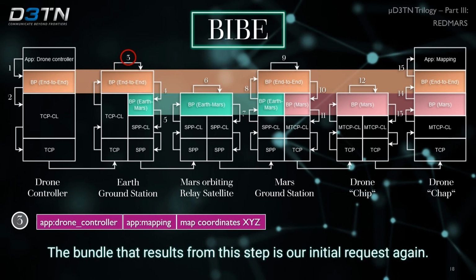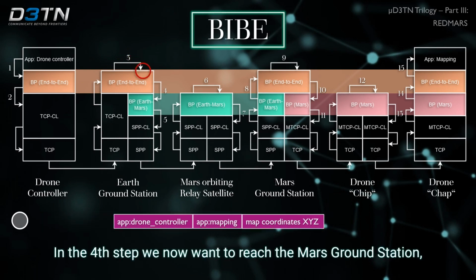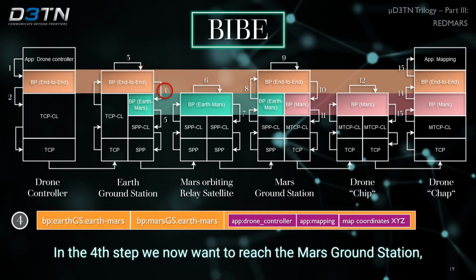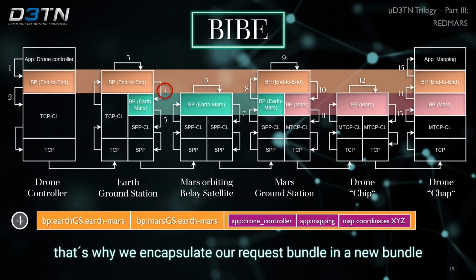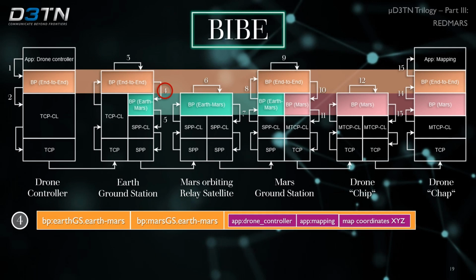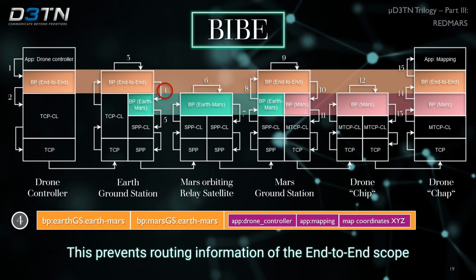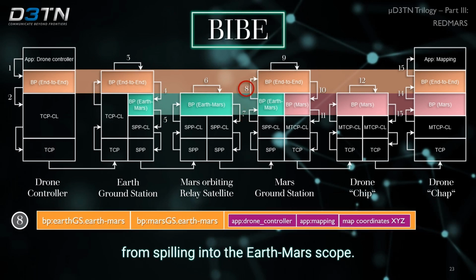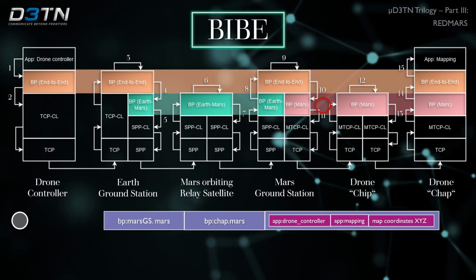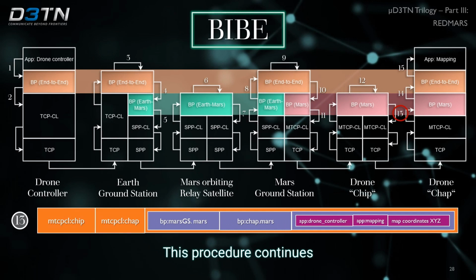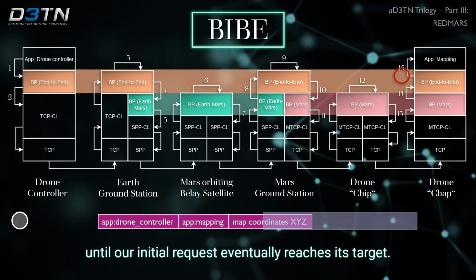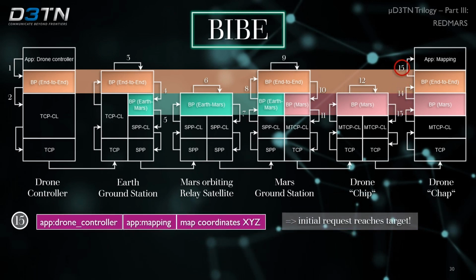The bundle that results from this step is our initial request again. In the 4th step, we now want to reach the Mars ground station. That's why we encapsulate our request bundle in a new bundle directed to the Earth-Mars scope BP node on the Mars ground station. This prevents routing information of the end-to-end scope from spilling into the Earth-Mars scope. This procedure continues until our initial request eventually reaches its target.